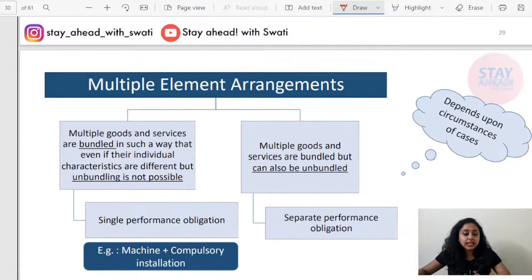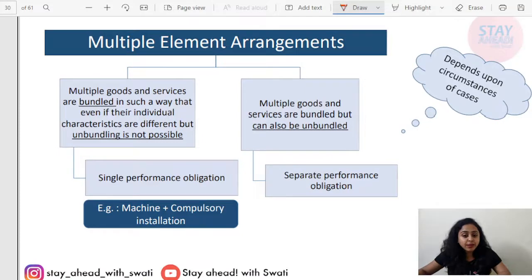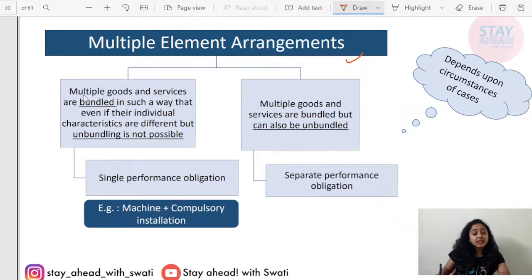Next, multiple element arrangements. This means whether it is bundled or not. If it can be unbundled, then it is a separate performance obligation. At times the particular goods or services are combined in such a way that they cannot be separated. If it is bundled naturally, then you have to record it as a single performance obligation.